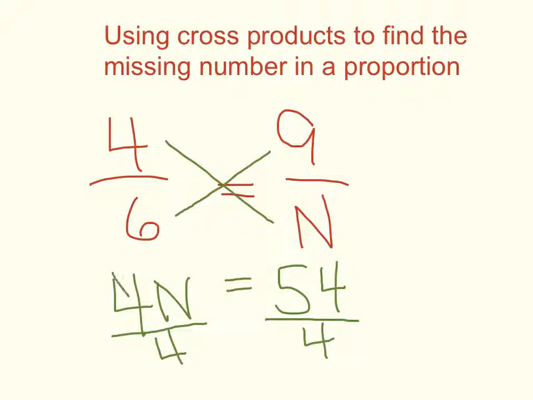Remember, this is going to go away. 4 divided by 4 is 1, so I have 1n on the left-hand side. And 54 divided by 4 is equal to 13.5. So n has to be 13.5. I found the missing number in my proportion.